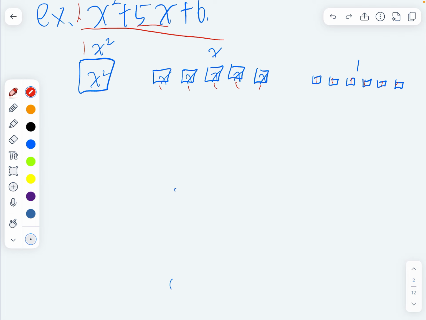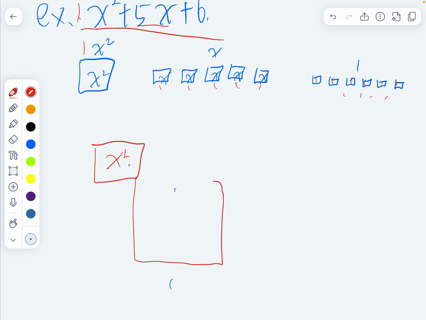First we draw the big square for x squared. Second, in the corner, we draw the 6 unit blocks. Then for the other way, we put the x blocks in the middle like this.